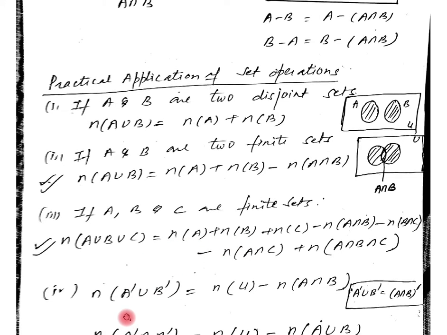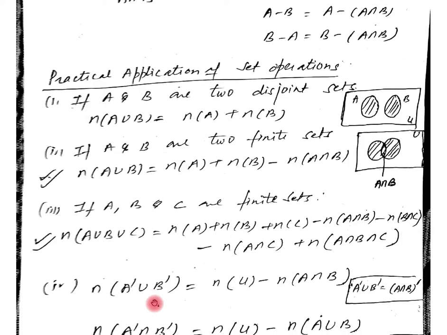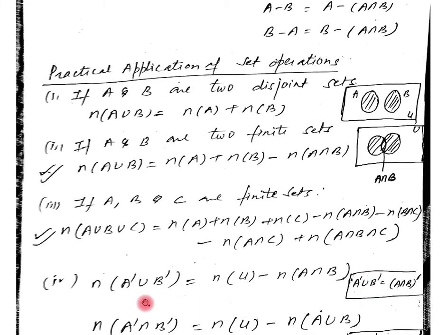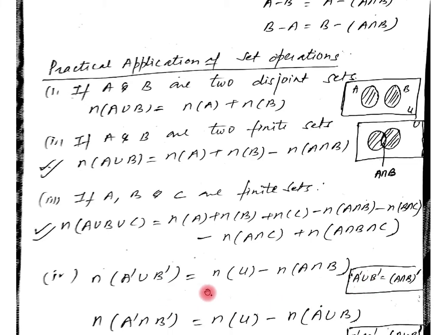Now here, the number of A dash union B dash. A dash union B dash can be written as what? A dash union B dash can be written as A intersection B, whole dash. This we have learned in De Morgan's law, because we know that A intersection B, whole dash, is equal to A dash union B dash. So therefore, n(A dash union B dash) is equal to what?